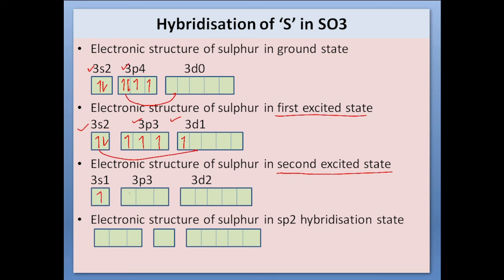In the second excited state, sulfur contains 6 unpaired electrons. So see here, 1, 2, 3, 4, 5, 6.